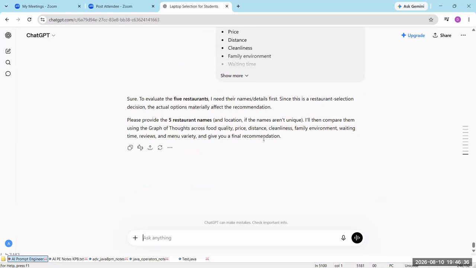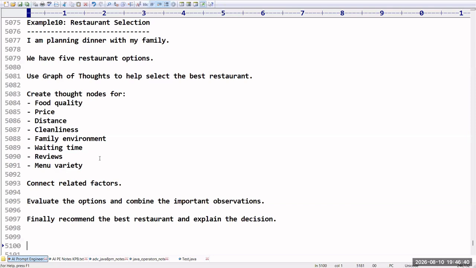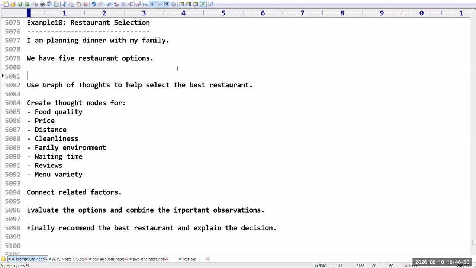So first we have to give the 5 restaurant names, and if you have given the locations, then definitely it is good. So just based on the input, whatever you have given, it will take the decision. Okay. So let me put, in my area, Prabha Grand Inn, Chittur.